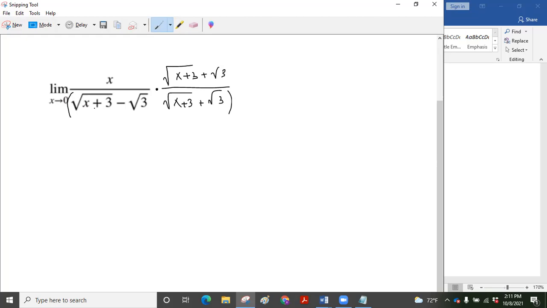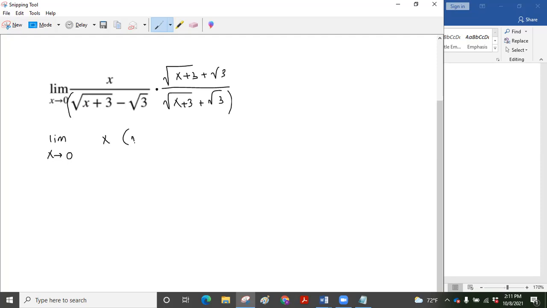The conjugate came from the denominator, so we're going to multiply out the denominator and keep the numerator the same. If the conjugate came from the numerator, we would have multiplied out the numerator and kept the denominator the same. So we'll say the limit as x approaches 0.